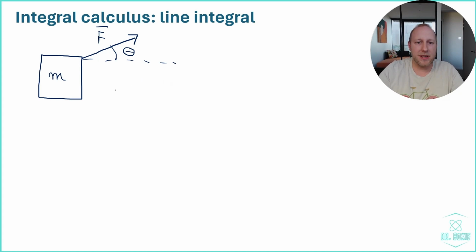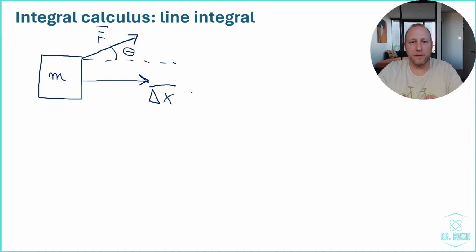As a consequence of this force, the box moves horizontally a distance delta x to the right. So the vector delta x represents the displacement. What is the work done by that force during that motion? Well, the answer is it's not simply the force times the displacement. It is only the component of the force in the direction of the displacement that does work.